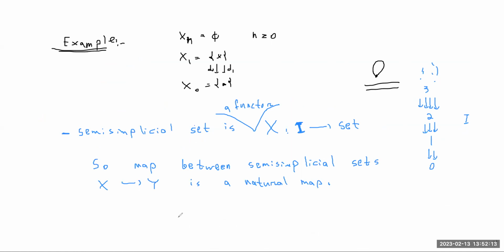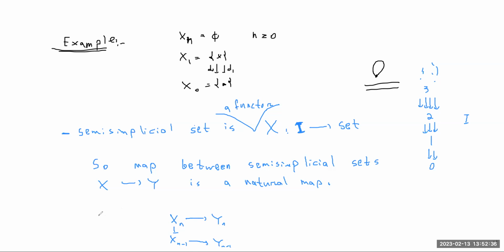If one did not notice this and wanted to describe a map, he would say it's easy: a map from the set of n-simplices to n-simplices, and from n-1 simplices to n-1 simplices, but it preserves the faces.